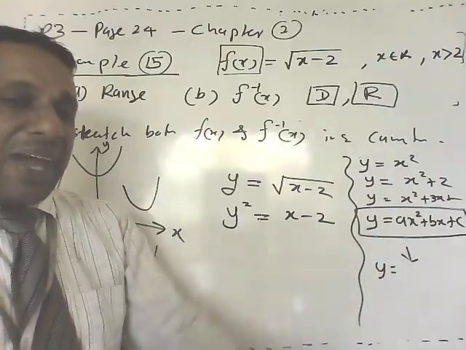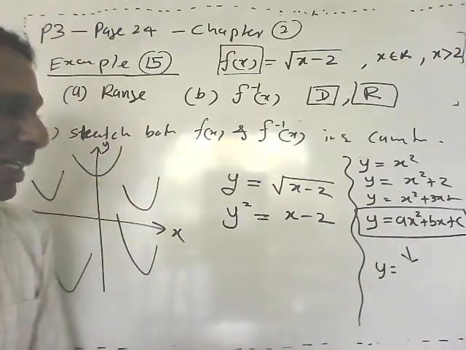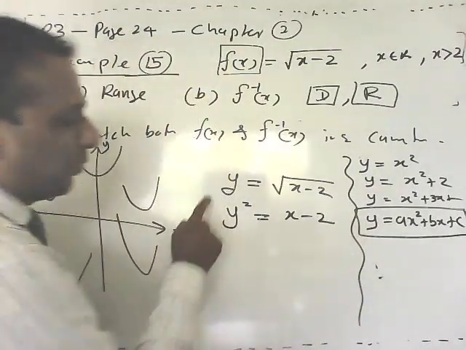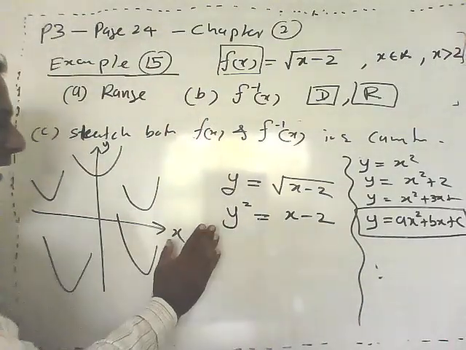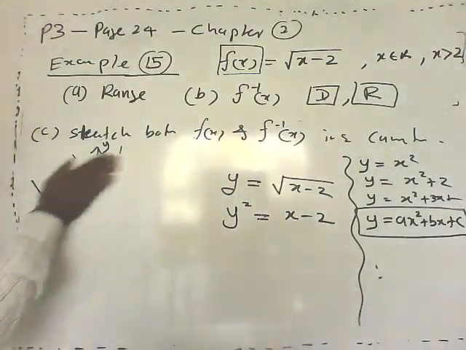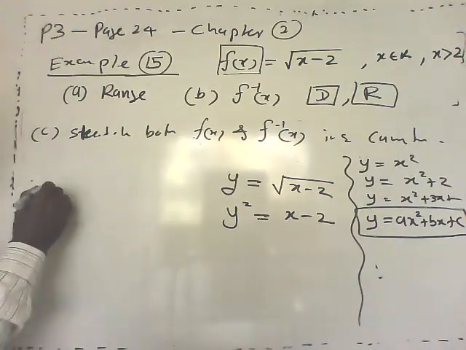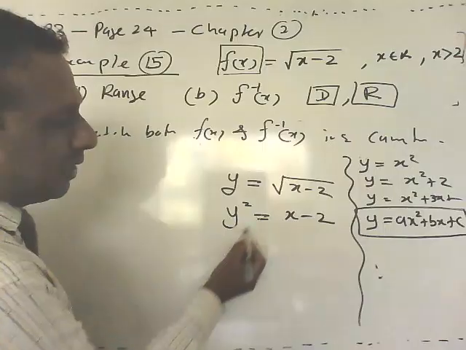A lot of things we have discussed. So this is a very familiar pattern. But now when you square it, you will get a pattern. Actually now y is a quadratic.